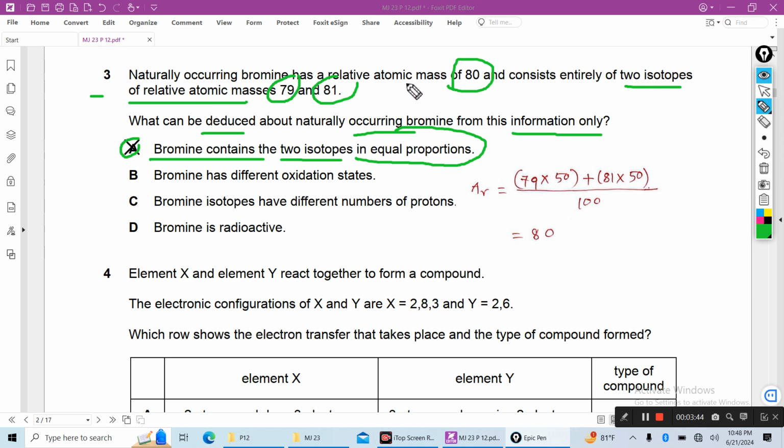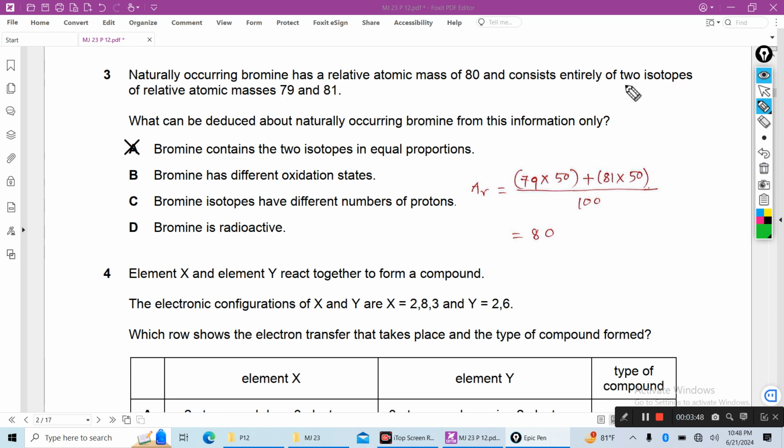That means they are two isotopes of relative atomic masses 79 and 81, and the average is close to 80. That means bromine contains the two isotopes in equal proportion.